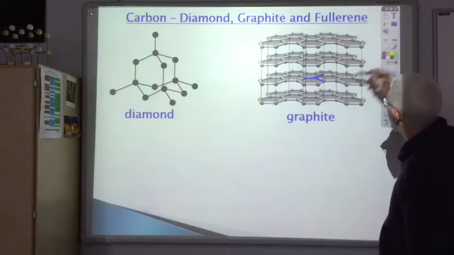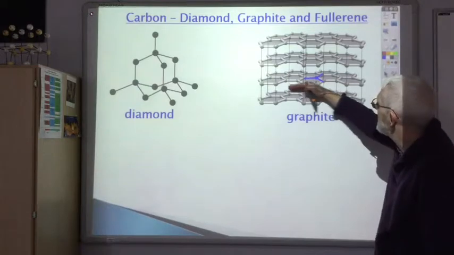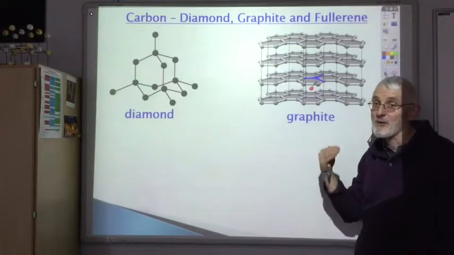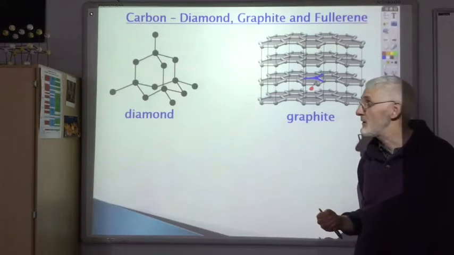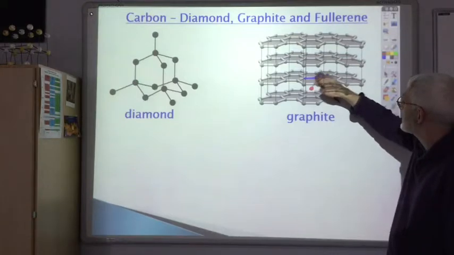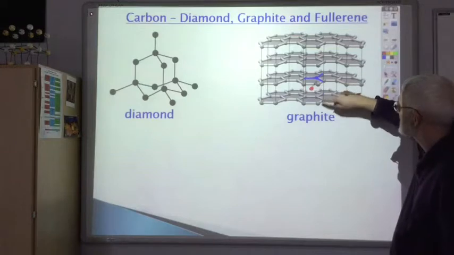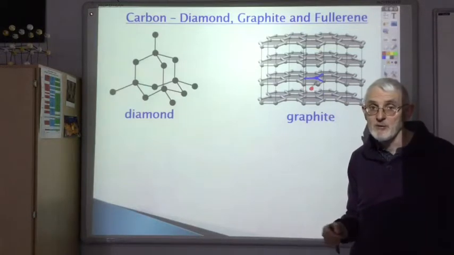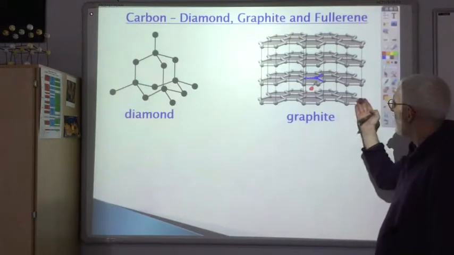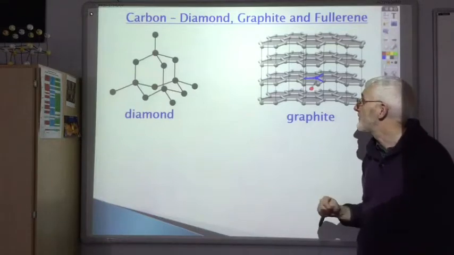And that 4th electron exists in between the layers, and it's delocalized, which is why graphite can actually conduct electricity when solid. So graphite has these very strong covalent bonds within the layers, but relatively weak attraction between the layers, which allows it to be used as a pencil, because as you write with a pencil, you shear a layer of graphite off the lead and onto the paper.